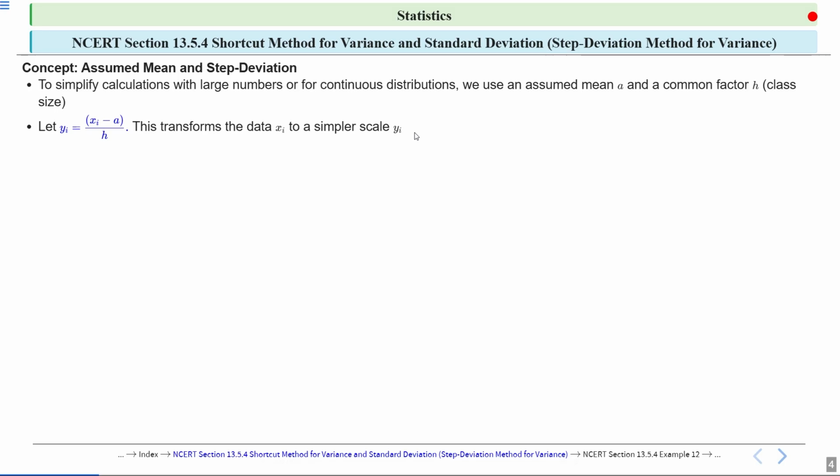This transformation gives us a new variable yi, which is easier to work with because the values are typically smaller and more manageable. Once we calculate the variance for yi, we convert it back to the variance for xi.